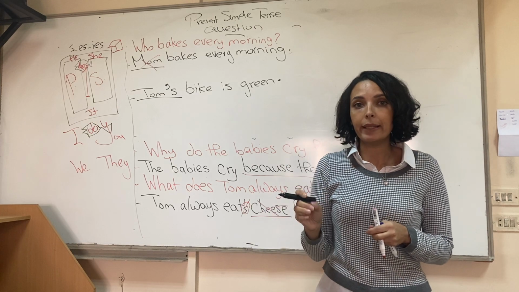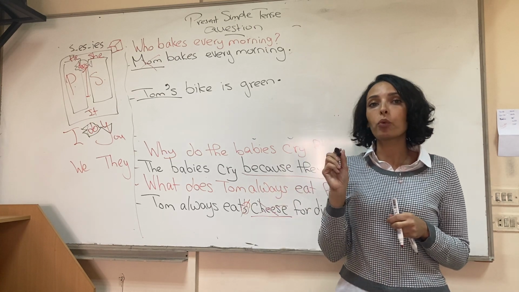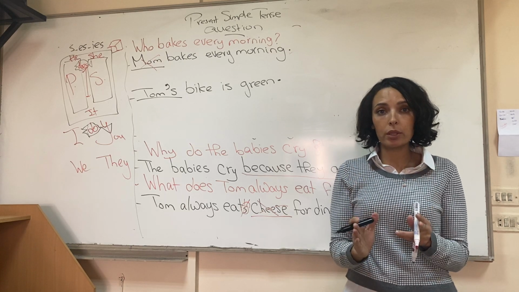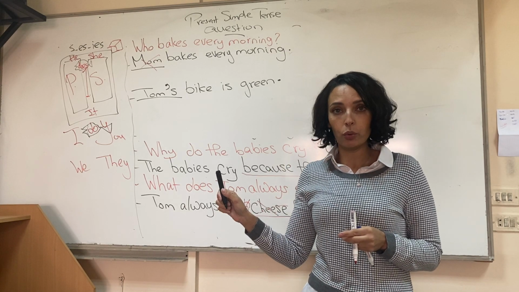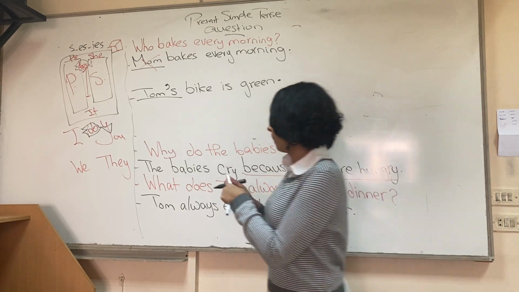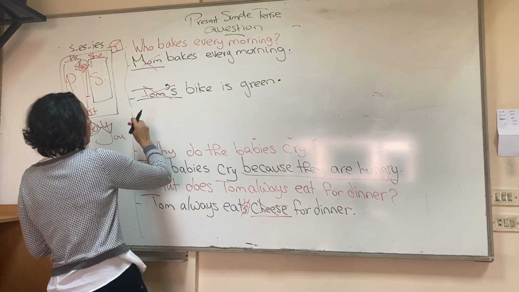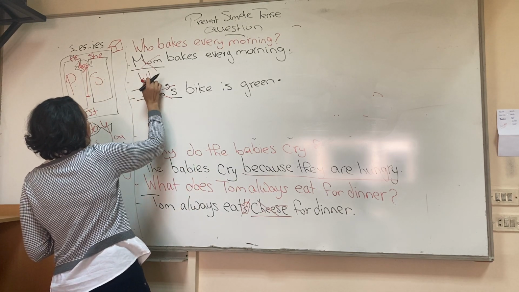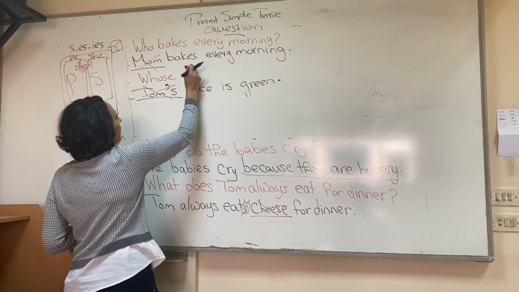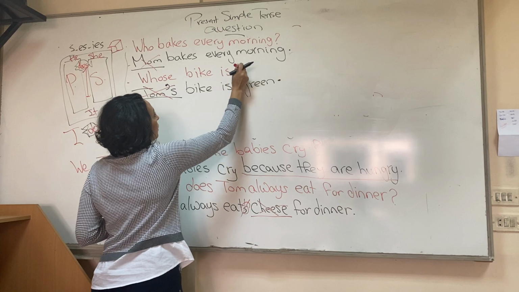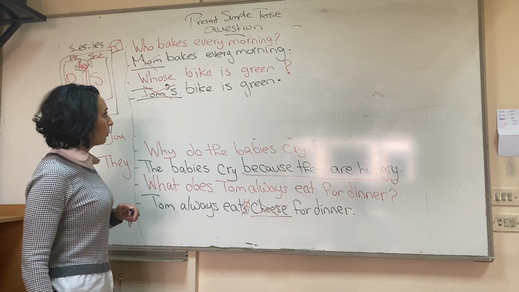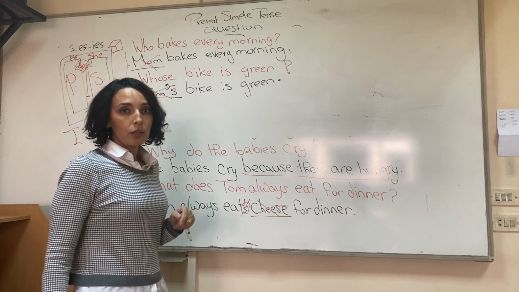Remember, if you see the apostrophe S, which question word are you going to use? Yes, whose. And whose also is like who. Again, you're going to copy the sentence as it is. Cross Tom's and then write whose. And then complete your sentence. Whose bike is green? And your question mark. Let's go to the next one.